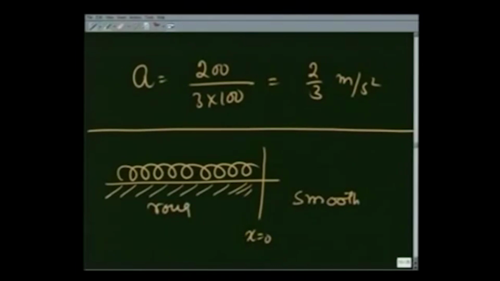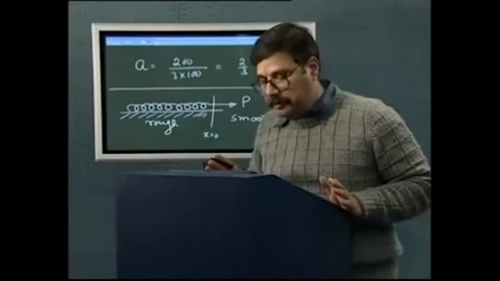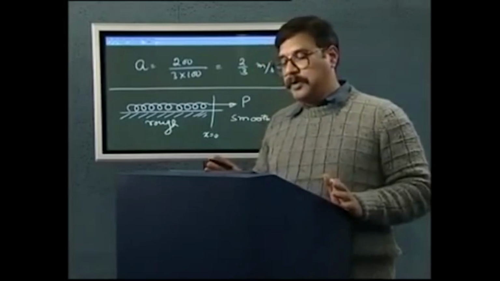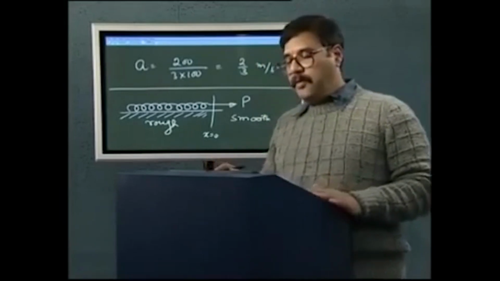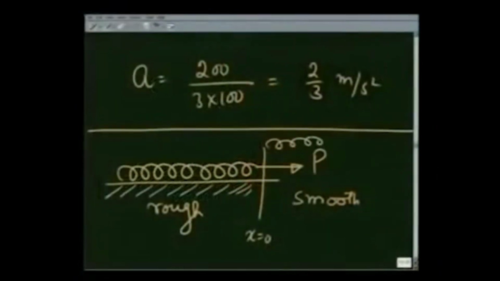I start pulling this chain with a constant force P large enough so that it comes into motion. So, we are not making it any complicated. It starts moving, and I want to know when this chain has come fully out of the rough surface, what is its speed.